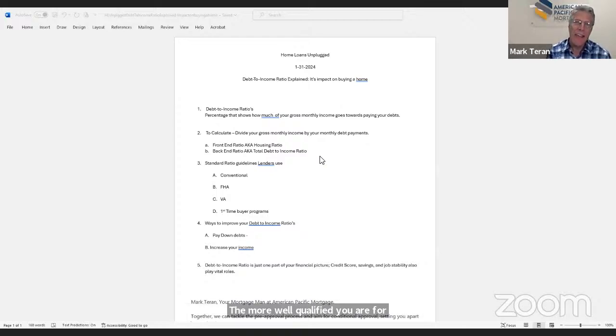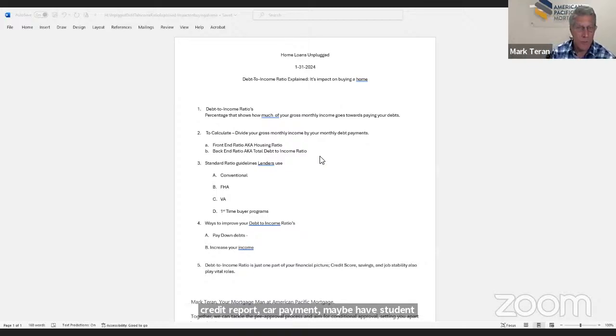It's really a cash flow analysis is what the lender is doing. So that total debt to income ratio is your house payment plus the other monthly debts that would come up on a credit report. Car payment, maybe you have student loans, and we're going to have to use a payment for that.